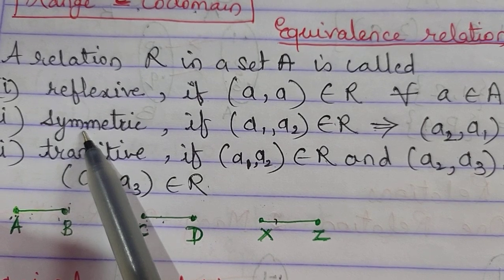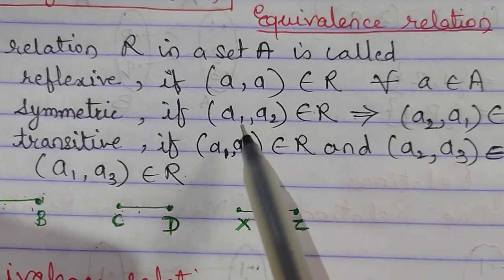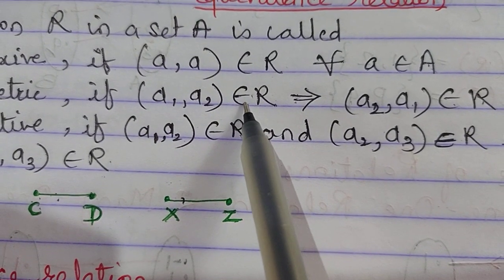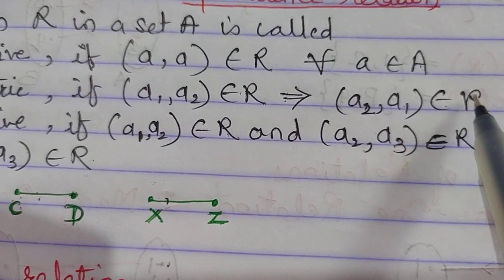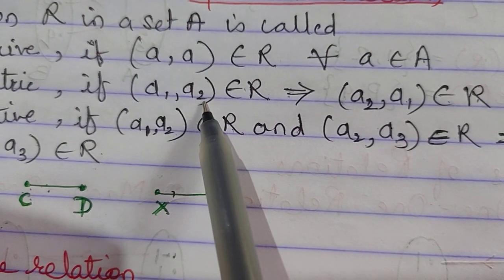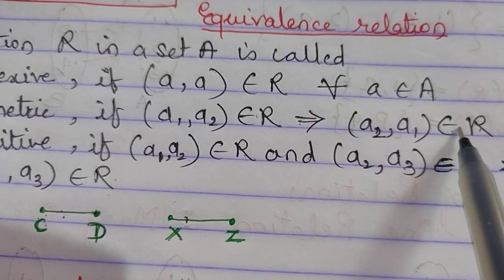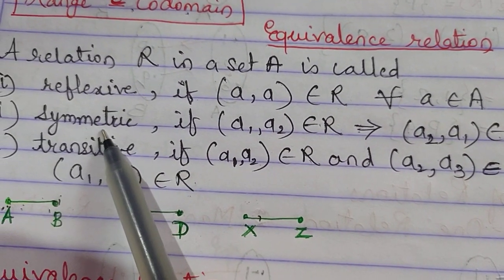For the symmetric property, the relation R is said to be symmetric if (a1, a2) belongs to R implies that (a2, a1) belongs to R. So if (a1, a2) belongs to R, then (a2, a1) also belongs to R, and the relation R is said to be symmetric.